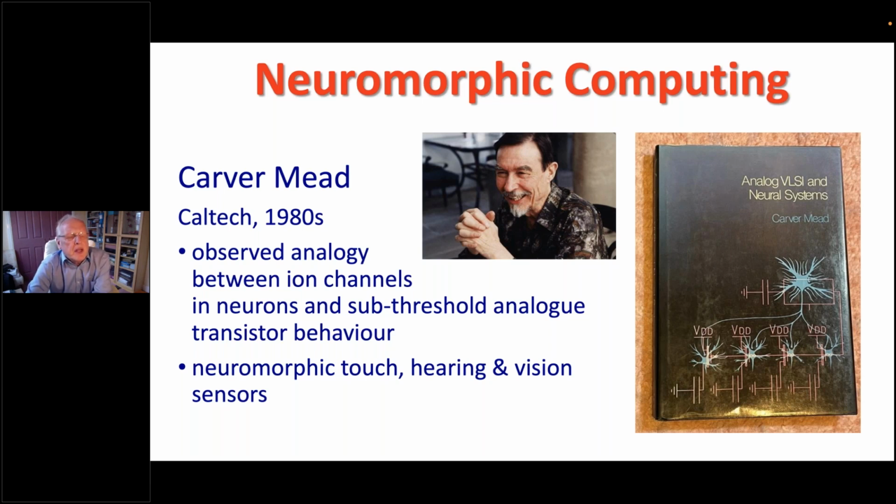And he used that analogy to build subthreshold analog electronic circuits that had behaviors that closely matched those found in the biology. And in the 80s, his group at Caltech went on to develop impressive sensors for touch, for hearing, and for vision. And we all are building in one way or another on the foundations of that early seminal work.